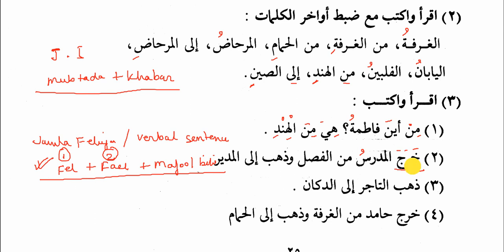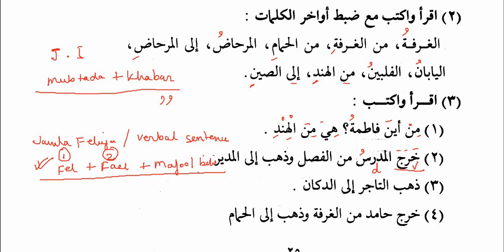First, you will put the fi'l, that is the verb. Then you will put the fa'il, the doer. And then the maf'ul bihi is extra. It may come or it may not come. So in this case, kharaja al-mudarris. Now, we know that mubtada and khabar are both marfu, meaning the noun coming in the mubtada place and the noun coming in the khabar place will always carry a dhamma.